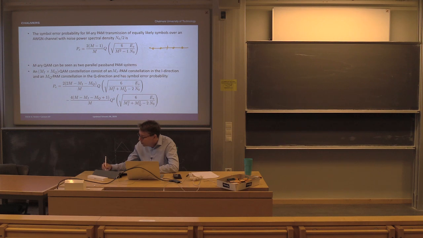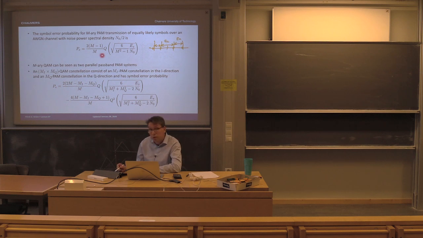And if you remember, the spacing between two adjacent symbols was 2 times C. And so forth. So if we have a constellation that looks like this, and we have in total M points here, this is the final expression. And this is where we actually ended in the last lecture.